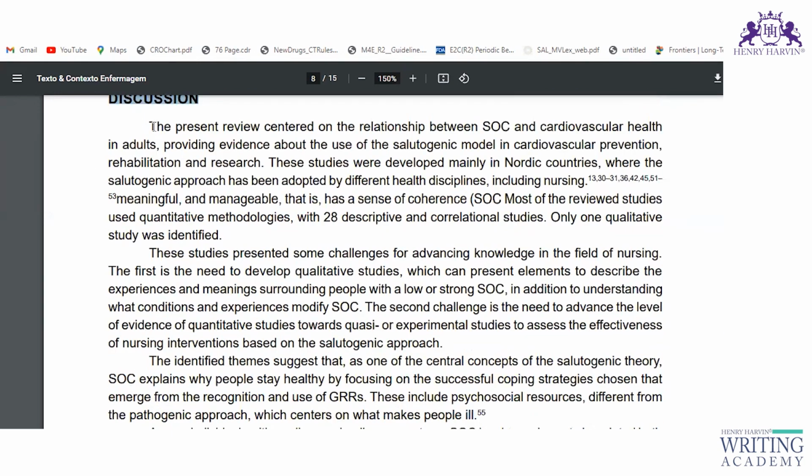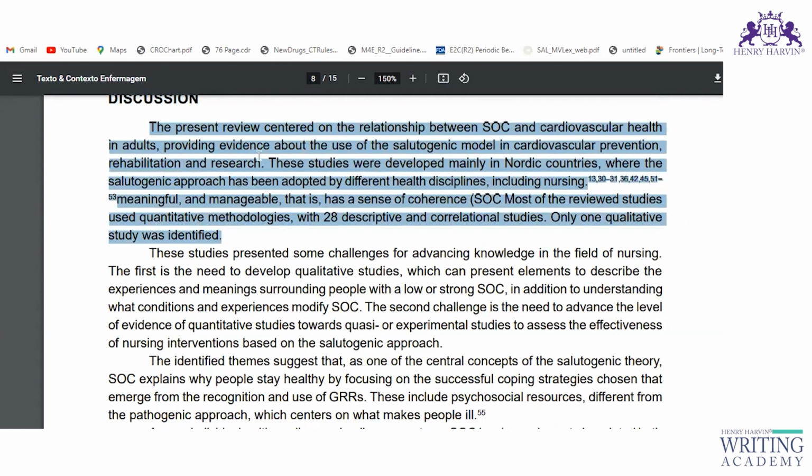Okay, so here the main interpretation or the main finding from the study that is mentioned here is: the present review centered on the relationship between sense of coherence and cardiovascular health in adults, providing evidence about the use of the salutogenic model in cardiovascular prevention, rehabilitation and research.